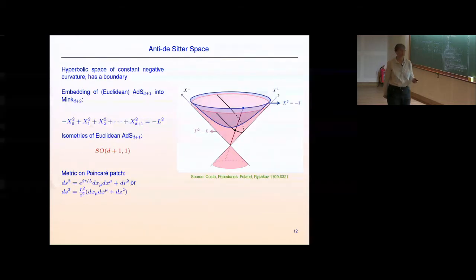In this case, the boundary is when Z goes to 0. That looks somewhat divergent, but it's just an artificial coordinate singularity. It's not a curvature singularity, so the curvature is just constant everywhere.